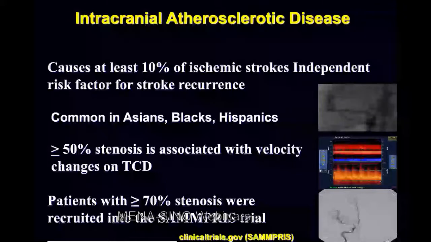So clearly, all the criteria on transcranial Doppler for atherosclerotic disease find more than 50% stenosis associated with velocity change on TCD. However, the significant narrowing very much comes with more than 70% stenosis, where intervention is really needed.